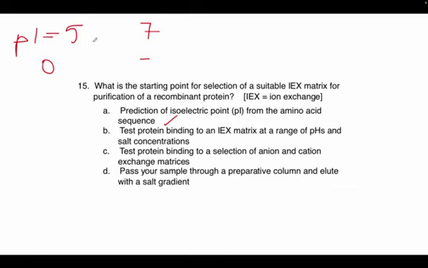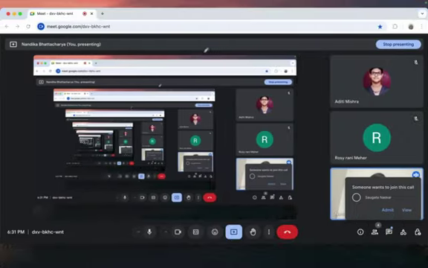If I wanted it to carry a positive charge instead, what pH buffer should I use? I know that the pI is 5, so if I wanted it to carry a positive charge, I have to go for a pH which is lower than 5. So if it needs to be positively charged, I will have to make a buffer with pH less than 5, something like pH 3.